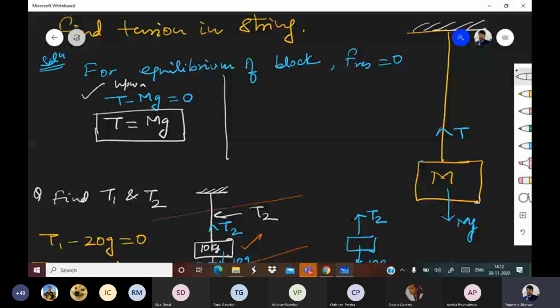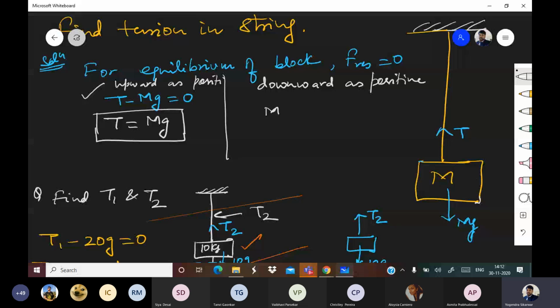So T minus mg is equal to 0. If I take downward as positive, then Mg minus T is equal to 0. So what we are getting is T is equal to mg. There is no effect on our answer due to the selection of direction. Understood, Ram and Vedant? You can take any direction as positive.